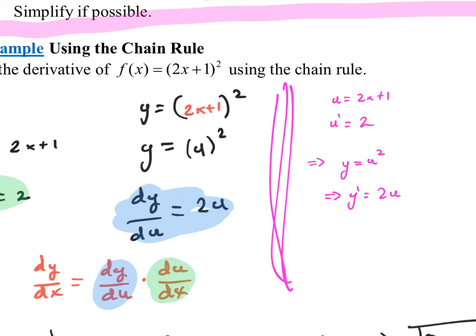But remember, this is supposed to be with respect to x. So anytime it's not with respect to x, it would be times u prime. So in this case, this would be 2 times u, which was 2x plus 1, times the derivative of u, which is just u prime, which is just a 2. And that's where I'm getting my 4 times 2x plus 1, or I could expand that to 8x plus 4, which would be perfectly fine as well.